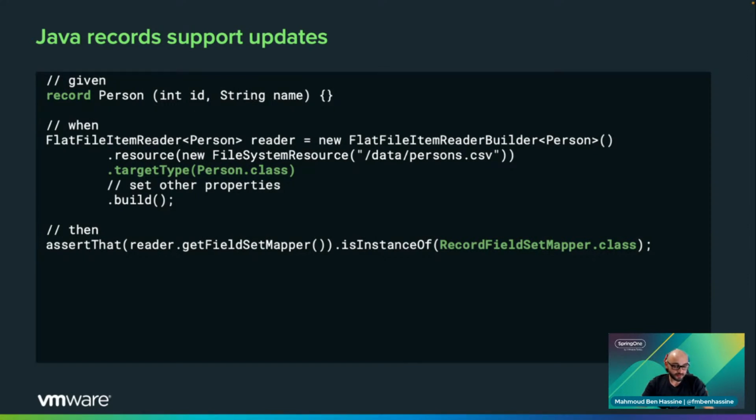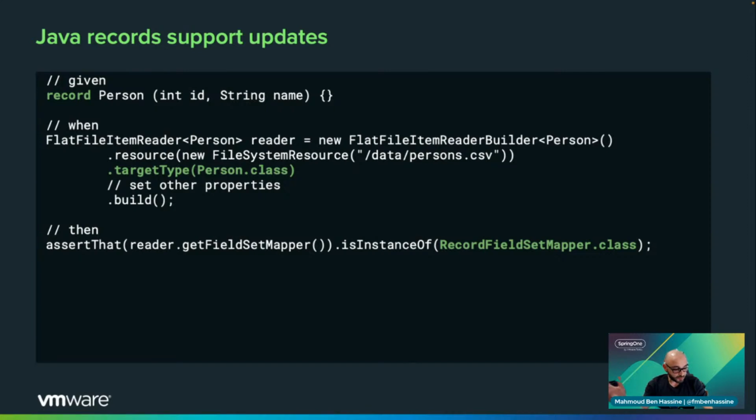The importance of this point is that when you decide to move your types from classes to records, you don't have to change the configuration of the item readers and writers. This is very important because sometimes those types are not under our control, so they can come from a jar that we didn't really design.